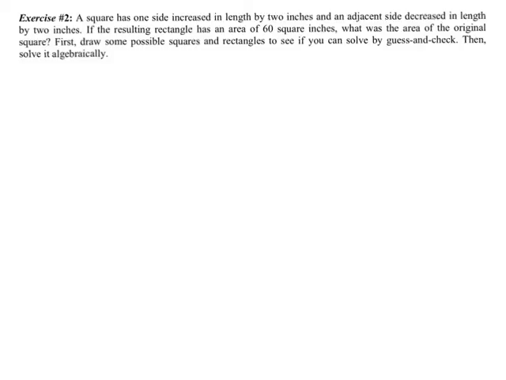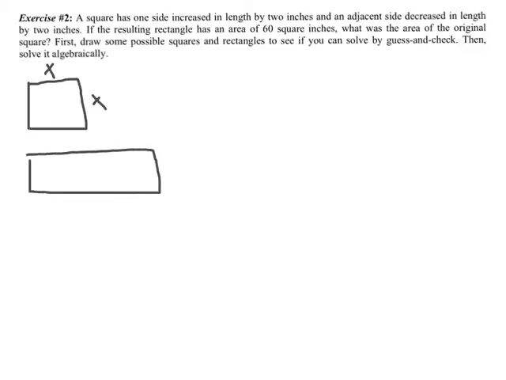Then solve it algebraically. The first thing I'm going to do is draw some rectangles and squares just to help us understand what we're doing. So here's a square. What's unique about a square is that all sides are the same. So if this side is x, this side is x. Now I'm going to draw a quick little rectangle. What it says is that one side is increased by 2, so it's x plus 2, and the other side is x minus 2.